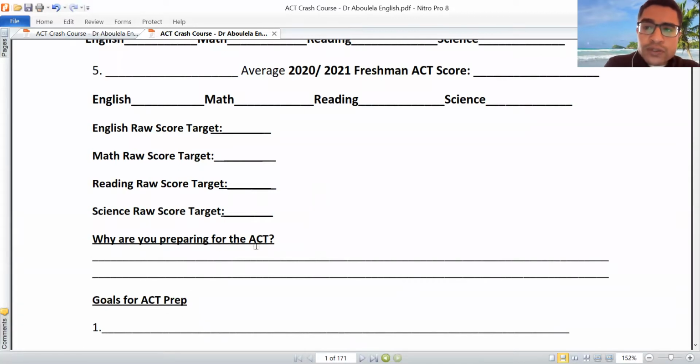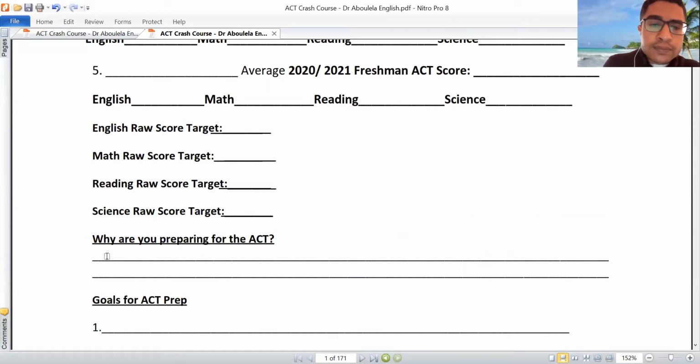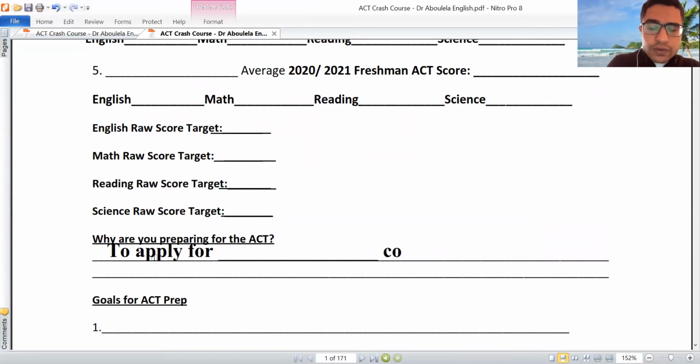It's very important when you embark on preparing for the ACT to ask yourself, why am I doing this? A generic objective would be to apply for, and then you mention the name of the college. Why is it important to set goals while preparing for the ACT?